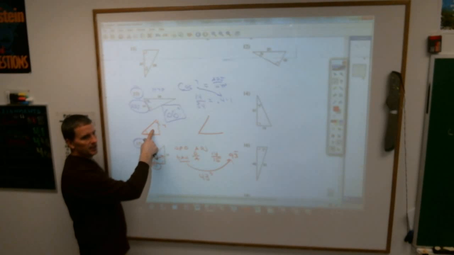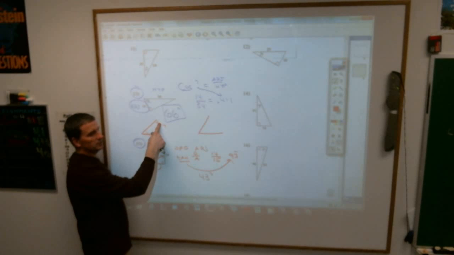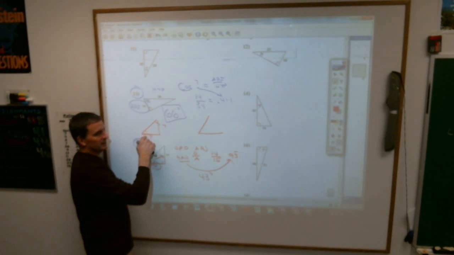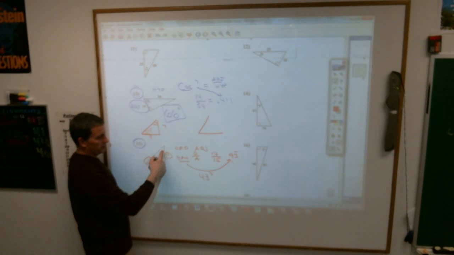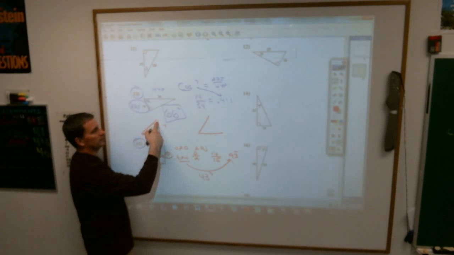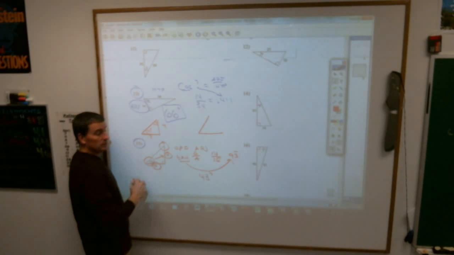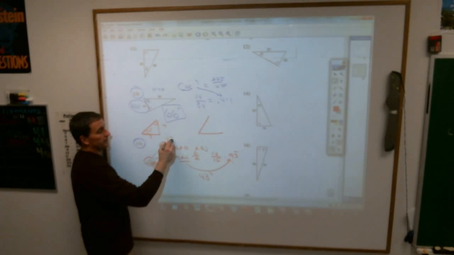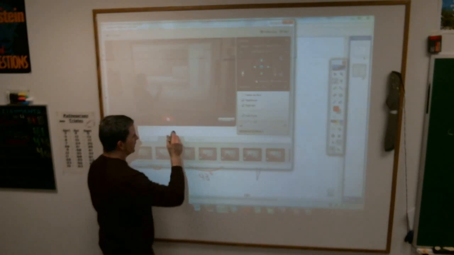Because that is an isosceles triangle, which means the opposite angles have to be equal, so these would both have to be 45 degrees. This ratio was awful close to 1. They're almost the same size, so it'd have to be awful close to 45 degrees. By the way, this angle over here would have to be how many degrees? 47 degrees. Your kids are smarter than the average bear.